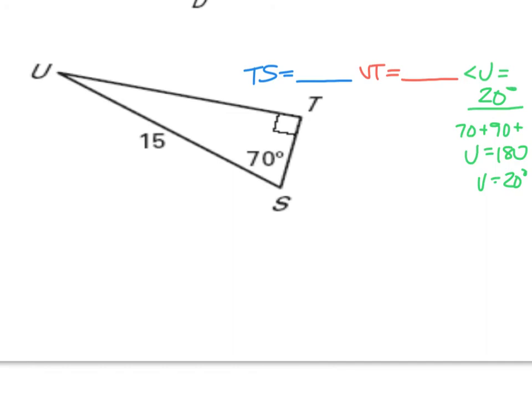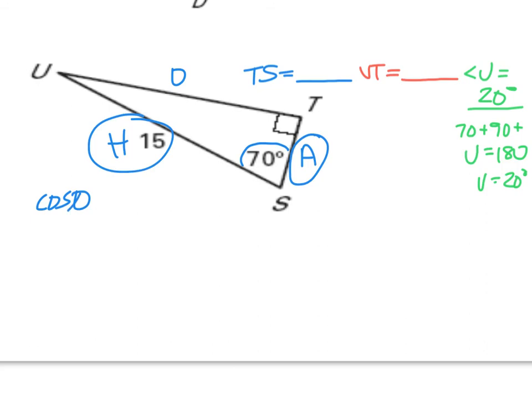So first thing when we're doing trig is label your HOA. I'm starting with TS, so I'm going to do A, and I have a number at H, so A and H is going to be cosine. Cosine theta equals A over H.